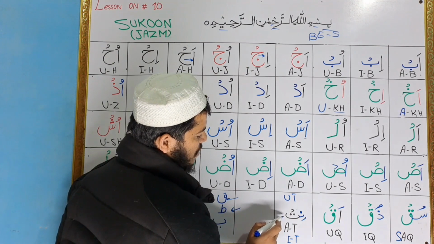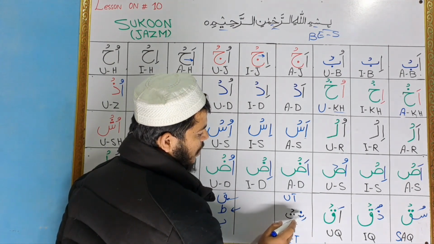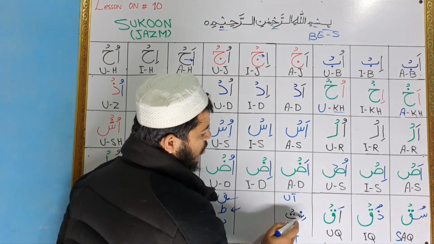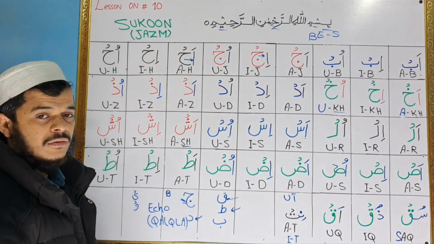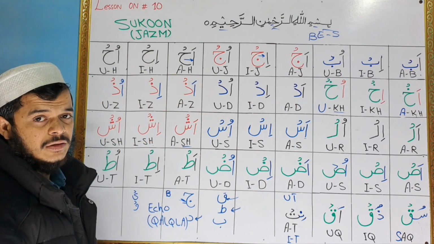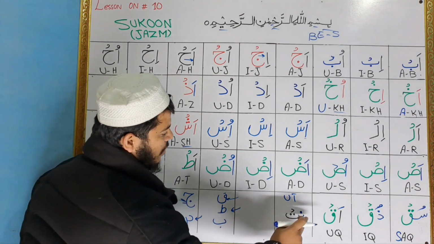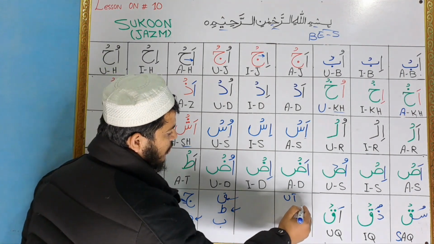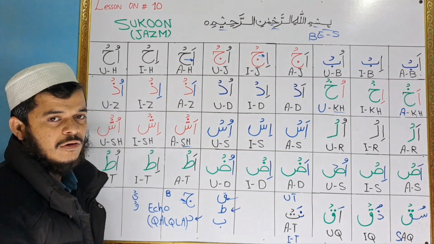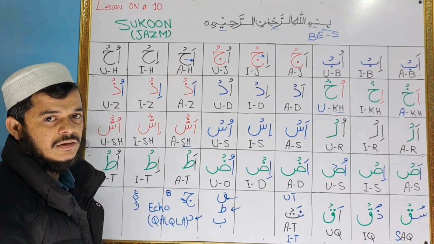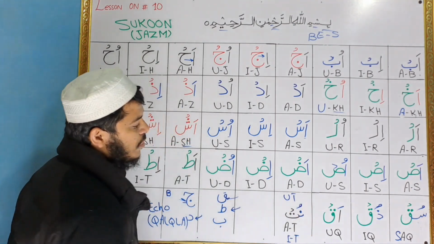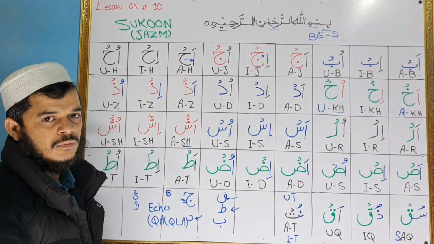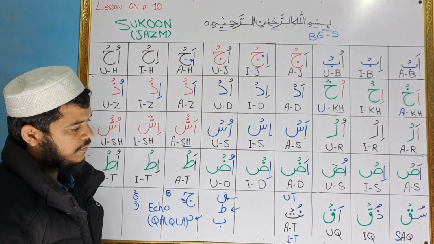Let's say the letter ta is being joined by noon. Noon is having kasra, it will become nit. If the noon is coming with fatha, it becomes nat. If noon is coming with dhamma, it becomes nut.